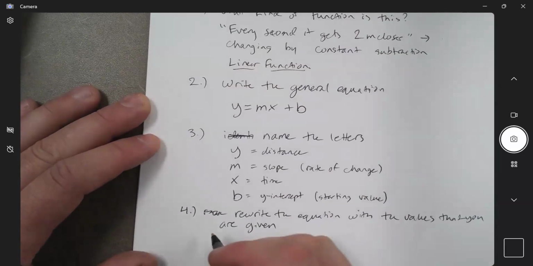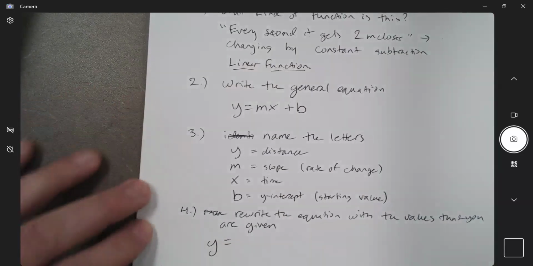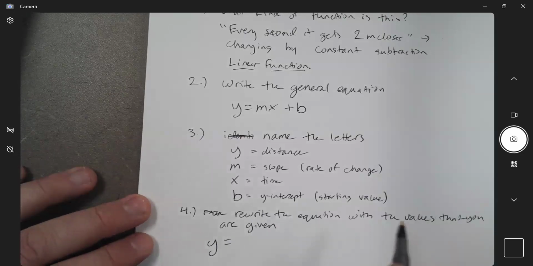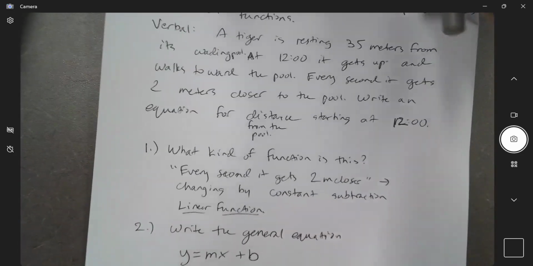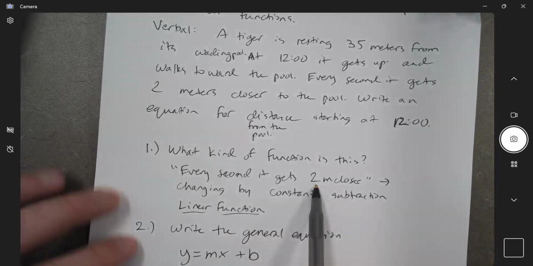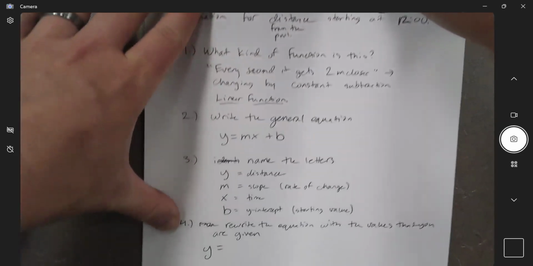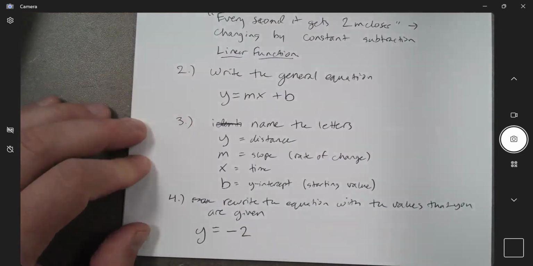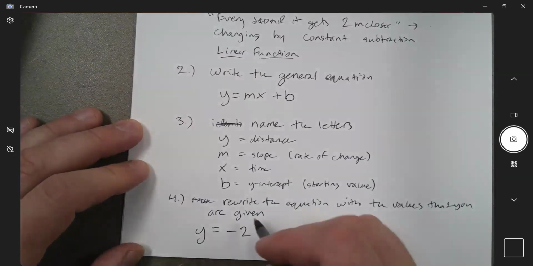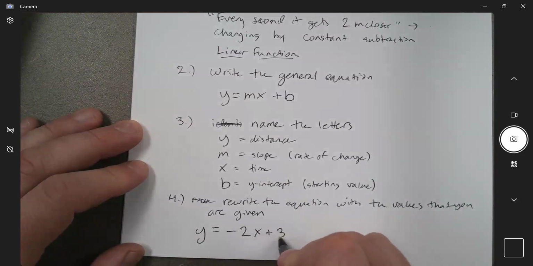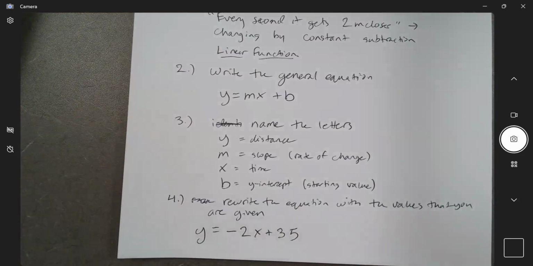So y is the distance. We're not given a distance, right? That distance is changing. y stays as a variable. But we know the slope: every second it gets 2 meters closer. So that's going to be a decrease of 2 meters every second. So the slope is -2. X is the time which changes, and the tiger started 35 meters away.